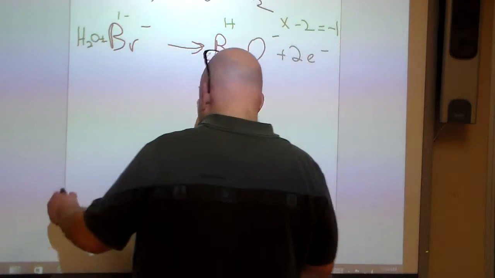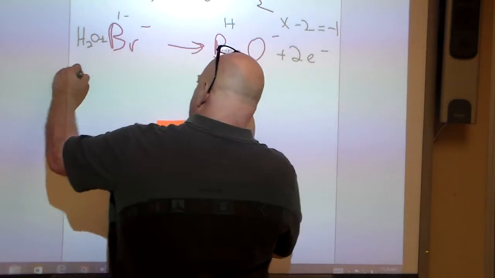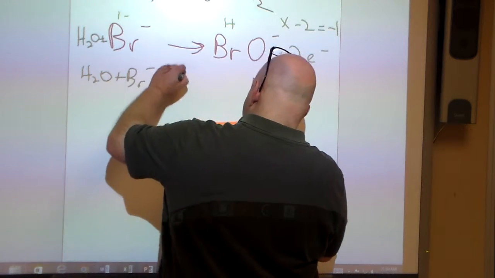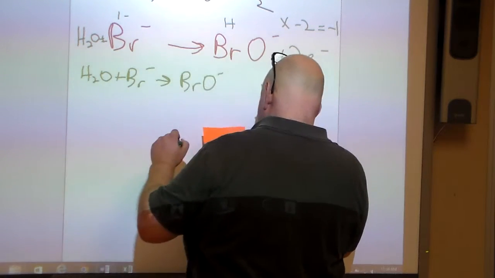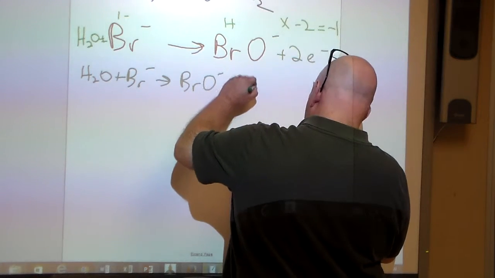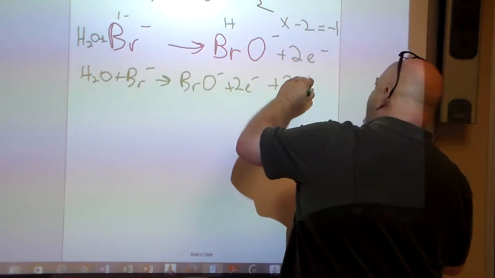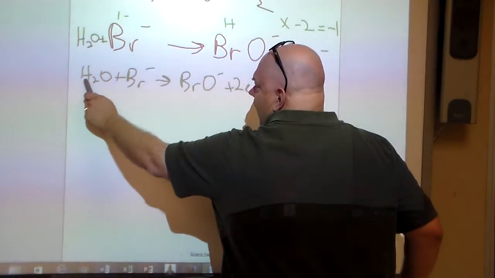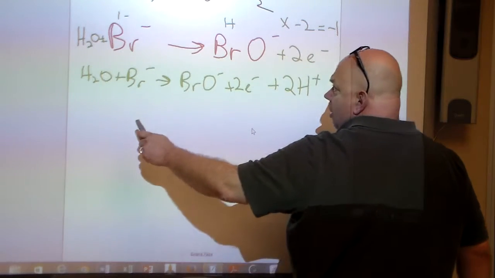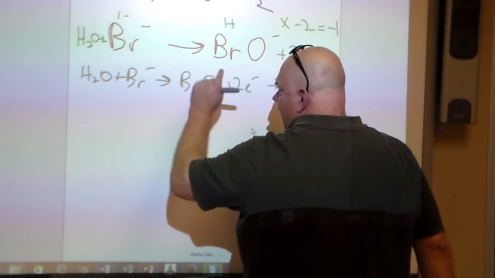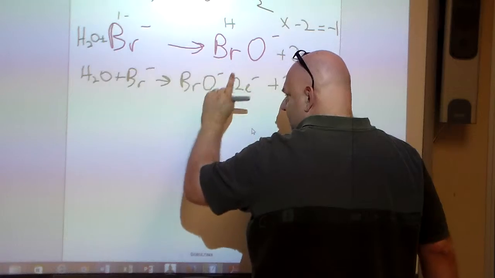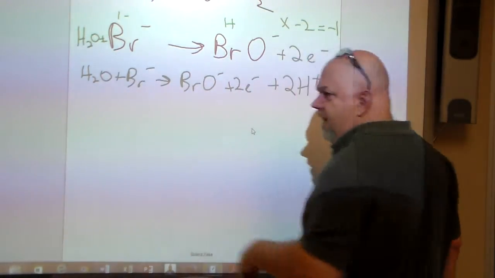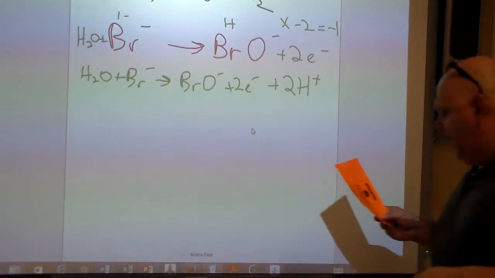So we have H2O plus Br minus gets us BrO minus plus 2 electrons, plus now we have to add hydrogen ions to take into account these 2 hydrogen atoms in the water. We had to add this water because we had to balance the oxygen, because remember, think about math, what happens on one side of the equal sign has to happen on the other. So that's what we've got.